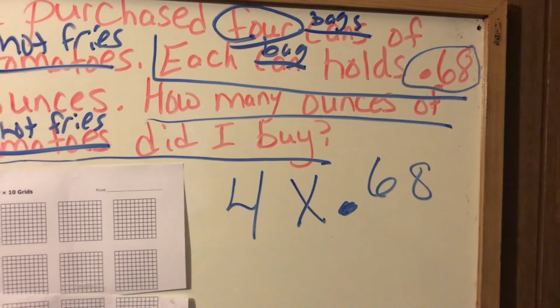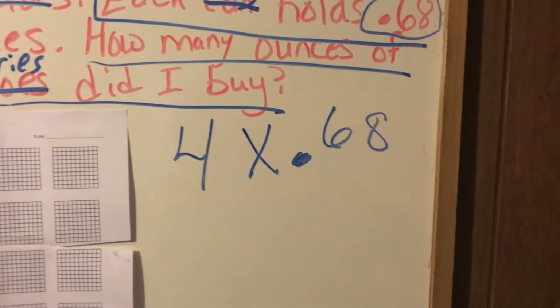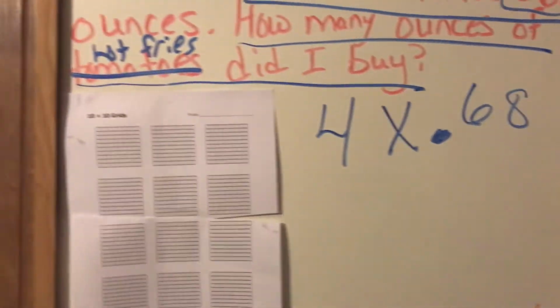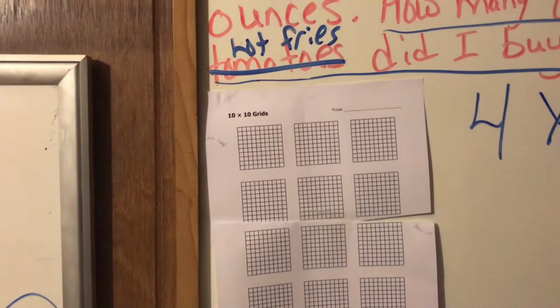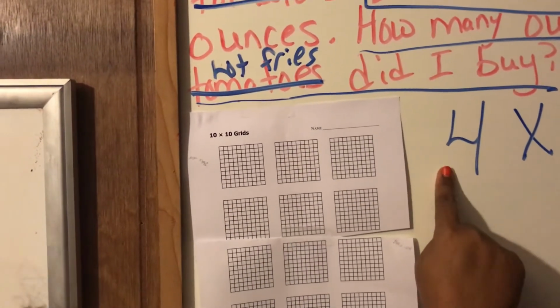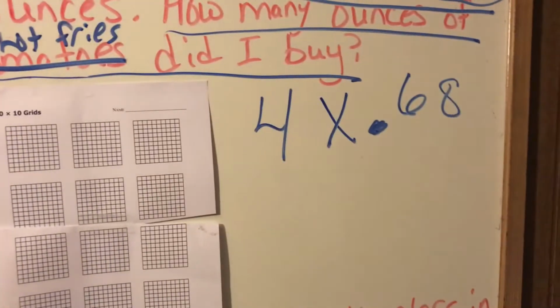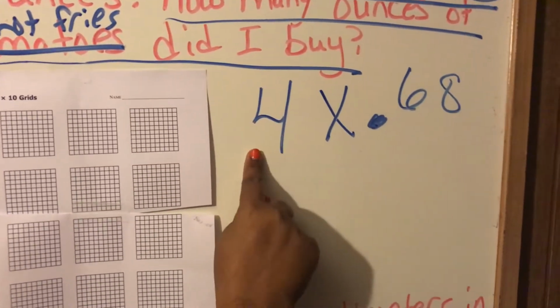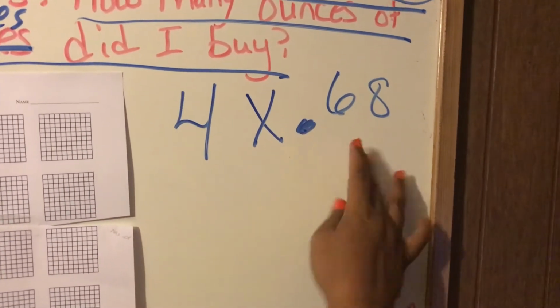Now our last step of the CUBES method is to solve. Let's solve it using the grid. I'm getting my crayons. This 4 tells me I have 4 groups of 68 hundredths.